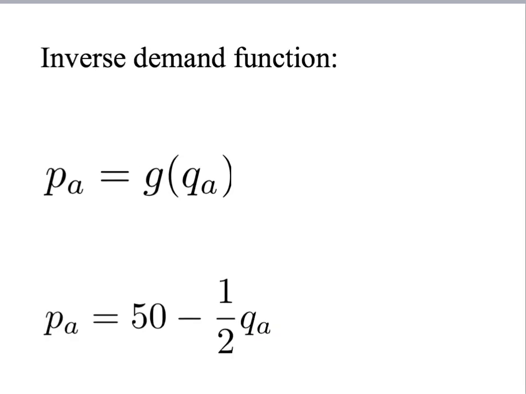If you've studied mathematics before, you may have been a bit confused by the diagrams that we've been drawing. Normally, when you draw a function, you have the independent variable on the horizontal or the x-axis, and you have the dependent variable on the vertical or the y-axis. Now, for a demand function, the independent variable is price and the dependent variable is quantity.